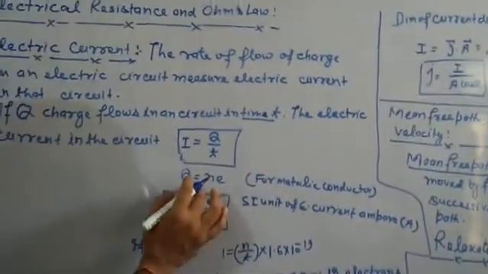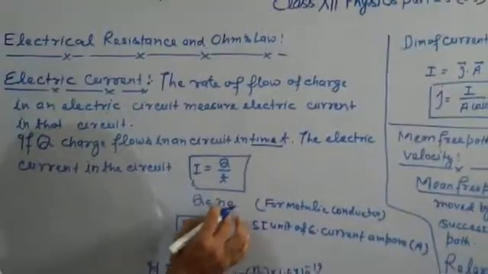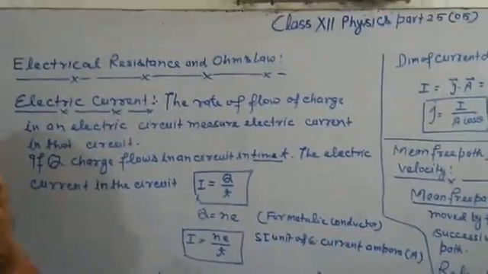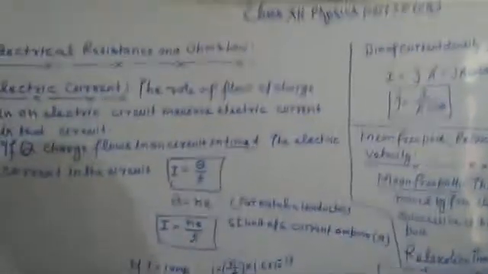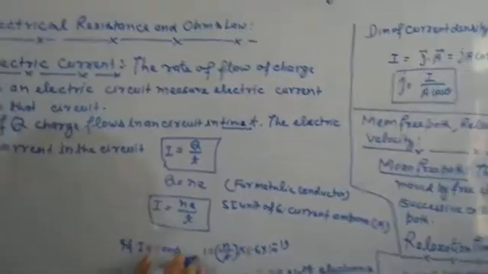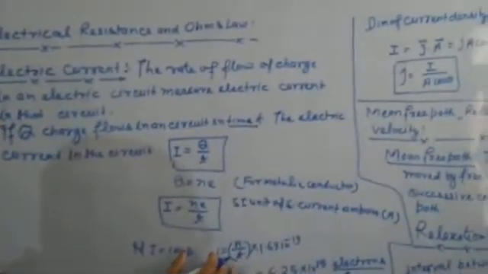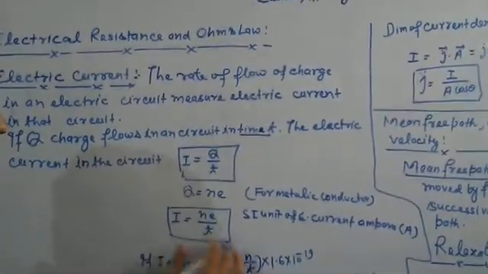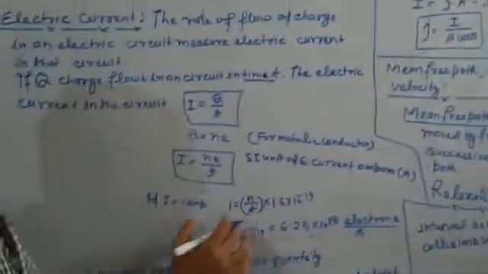For a metallic conductor, Q equals n e, where n is the number of free electrons and e is the charge on an electron. If I equals 1 ampere, then 1 equals n by t into e, where e is 1.6 into 10 power minus 19 coulomb.